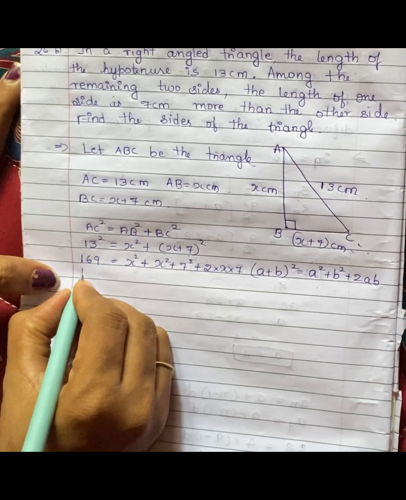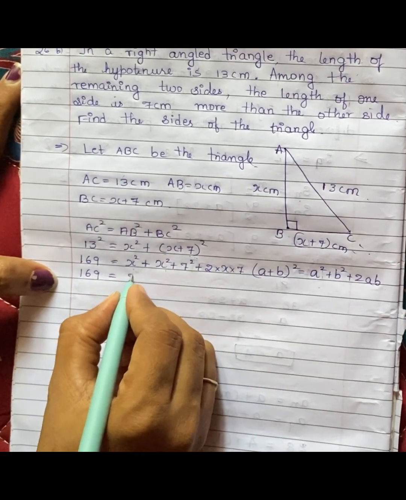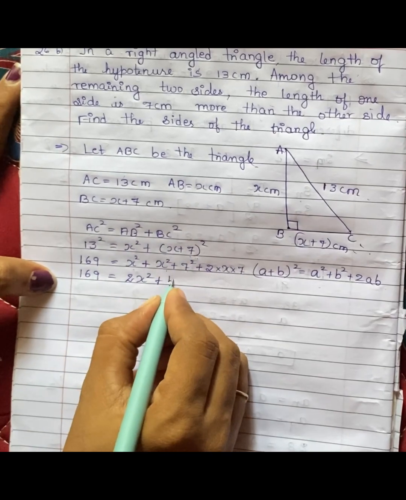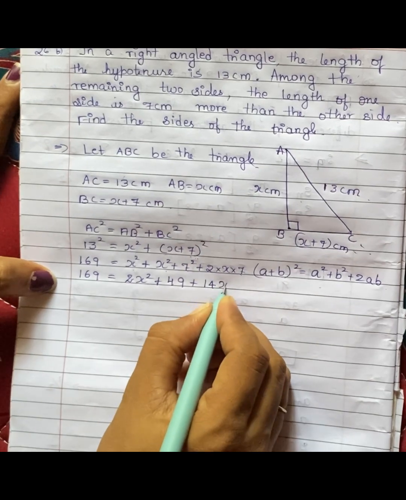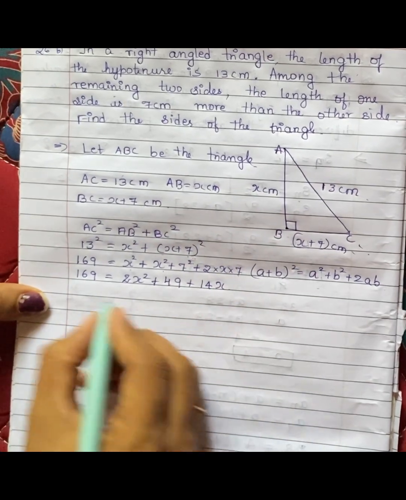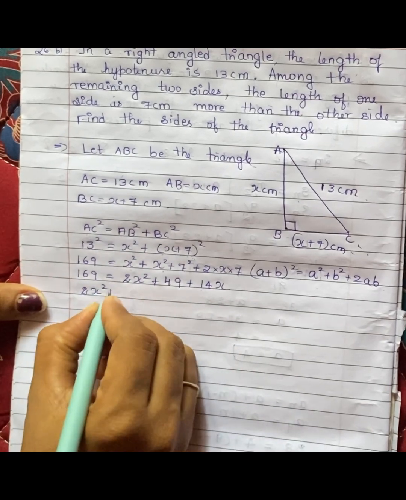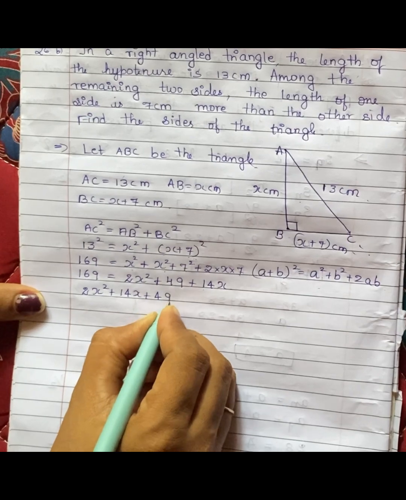So next line it will be 169 is equal to x square plus x square is 2x square, plus 7 square is 49, plus 7 2s are 14x. So I'll just rearrange this equation, that is 2x square plus 14x plus 49.